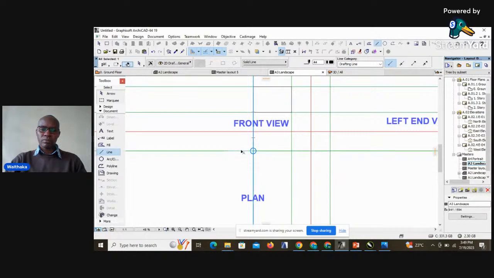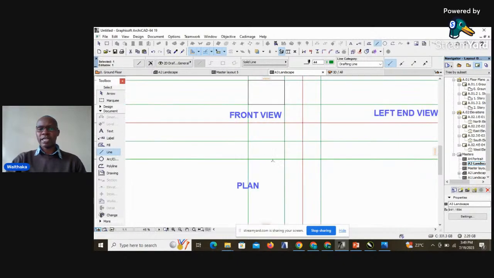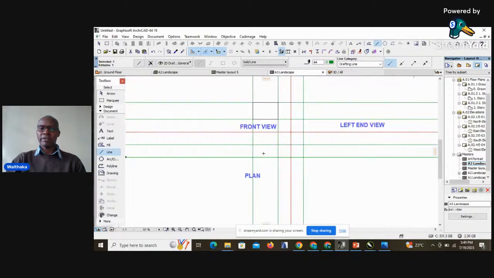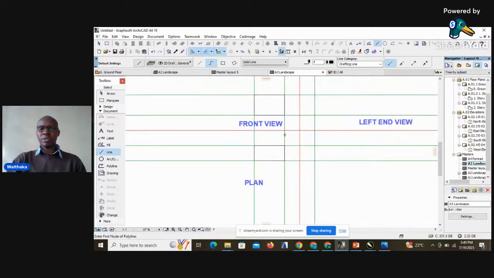Starting from the construction line where our view begins, I'll draw another line at 30 millimeters, and that will give me the plan view. Maybe again I can highlight it in black. And that will be our plan.